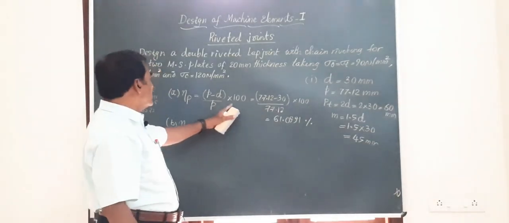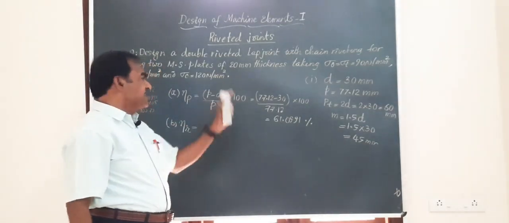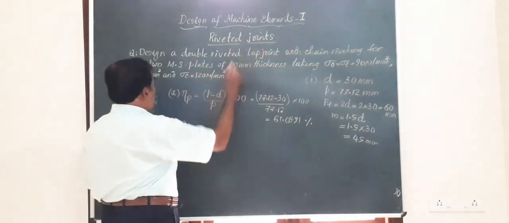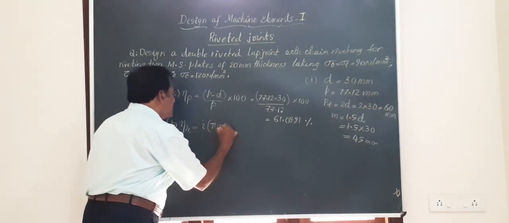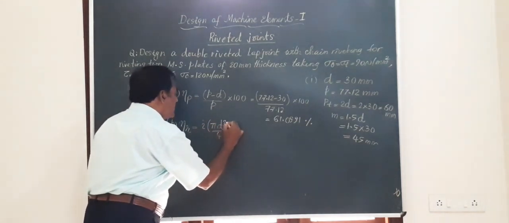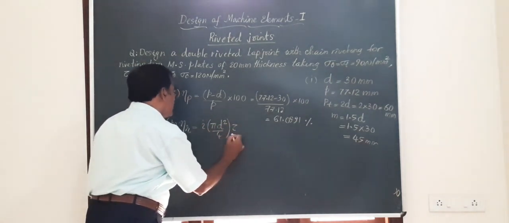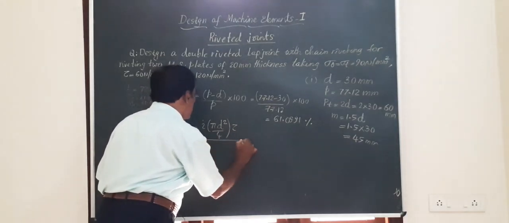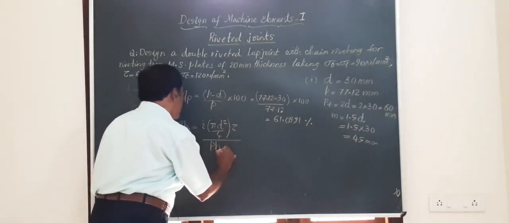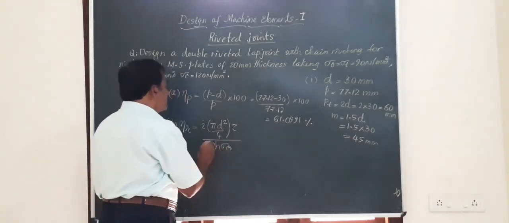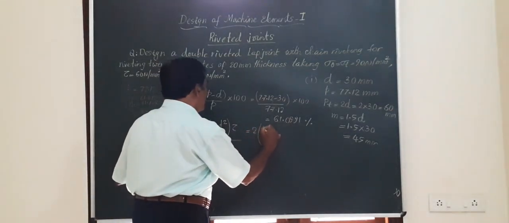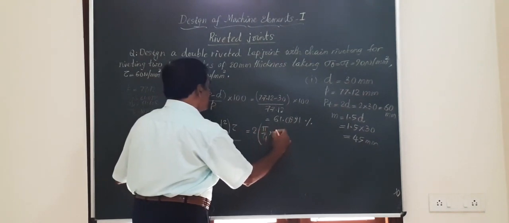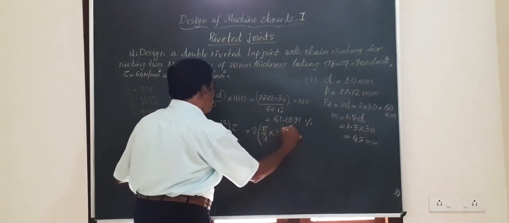Next, the second efficiency is the value of eta R, that is the efficiency of the rivet. These values are straightly available in the data handbook in the chapter on riveted joints. This is given by i times pi d square by 4 into tau, divided by p h sigma t, that is the strength of the solid plate. Friends, you know the value of i. i is equal to 2, multiplied by pi by 4 into the diameter of the rivet, 30, squared.